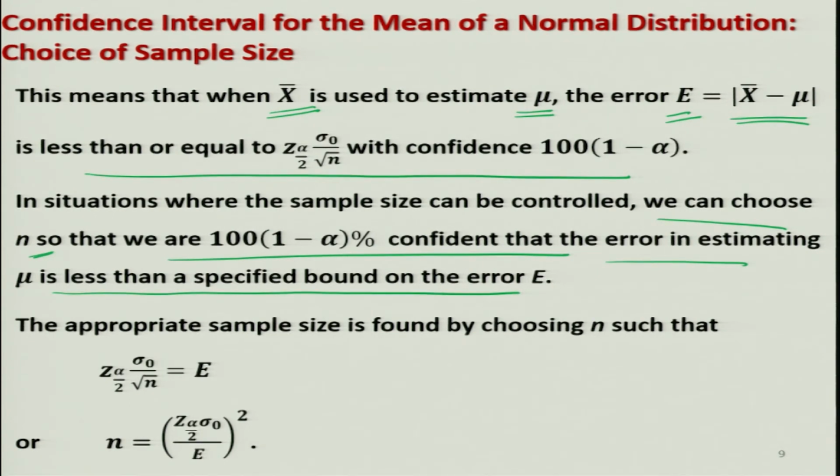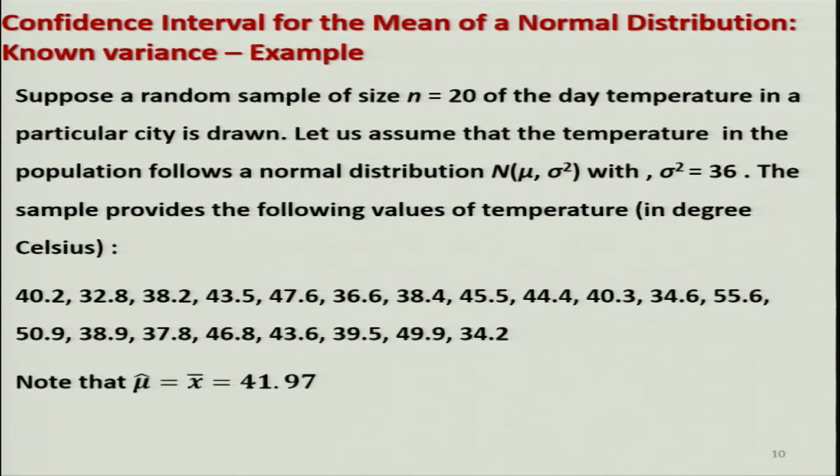In this case, we can substitute z alpha by 2 sigma 0 divided by square root of n as capital E, and solve it, and we get the value of small n to be (z alpha by 2 sigma 0 divided by E) whole square, and this is the appropriate sample size.